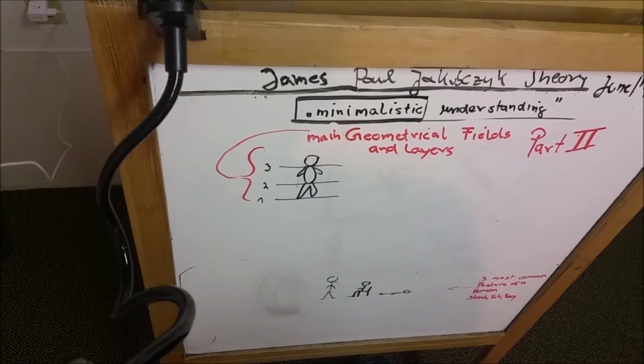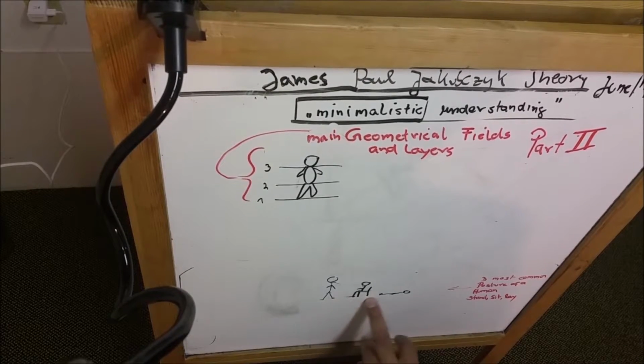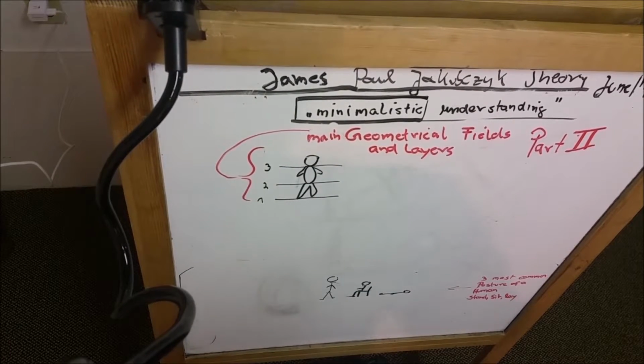The reason why I'm showing you those 3 most common postures is that all our interactions in our daily life are positioned in those geometrical fields and layers we are interacting with.